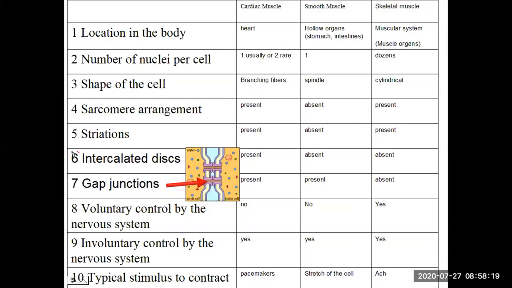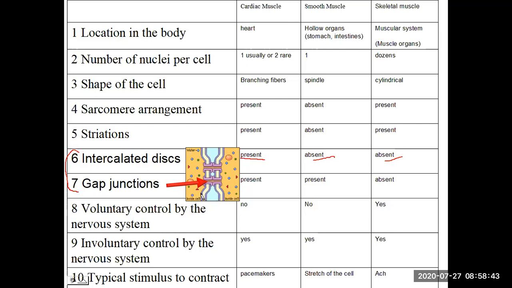So now we have these two types of cell junctions. Intercalated disc, of course, unique to cardiac muscle tissue. The other two types of muscle tissue are lacking intercalated disc with strong physical connections between cells. Gap junctions, another type of cellular junction.